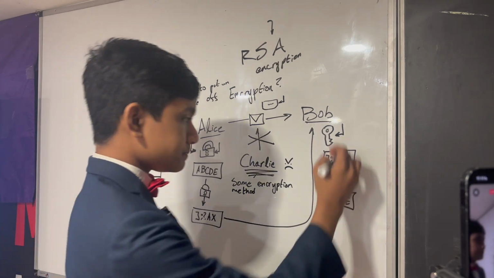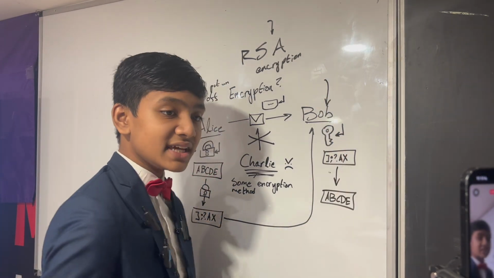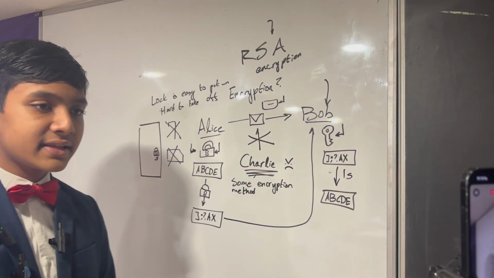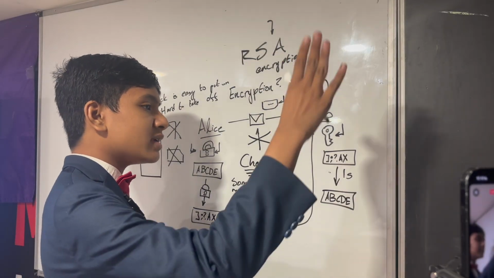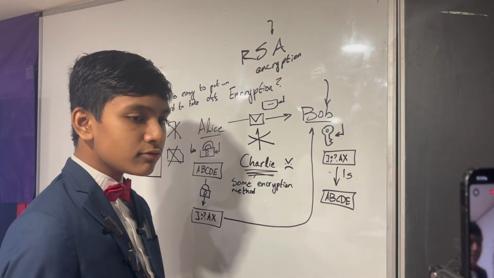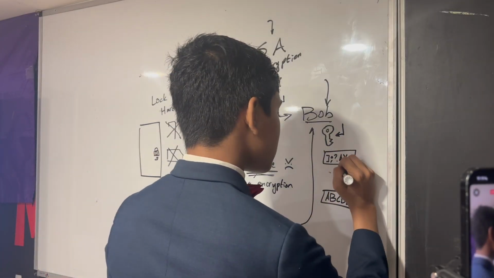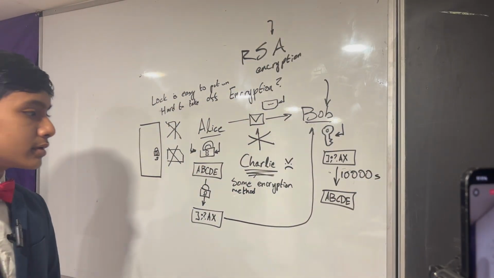We want Bob to be able to see this message pretty much instantly. I don't know, we want this decryption process to take 1 second. Because if we overcomplicate the encryption process just to make sure the decryption process is also complicated, then it's going to be inconvenient for the user on the other end too.